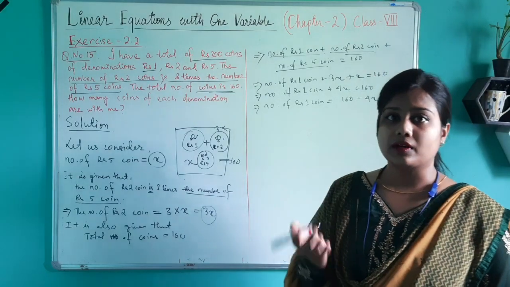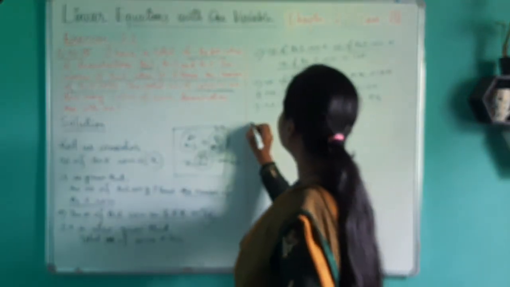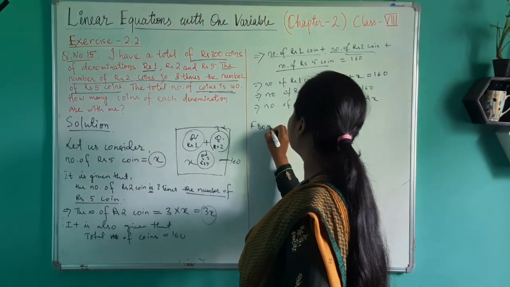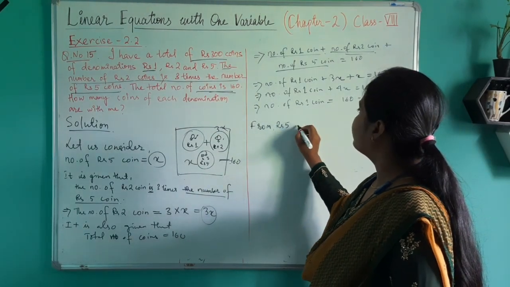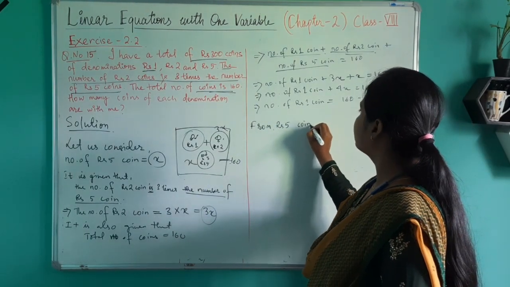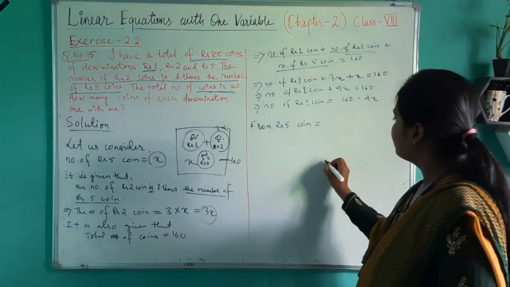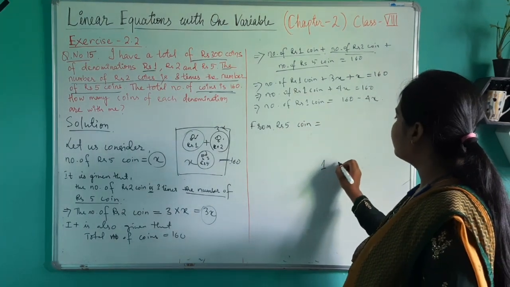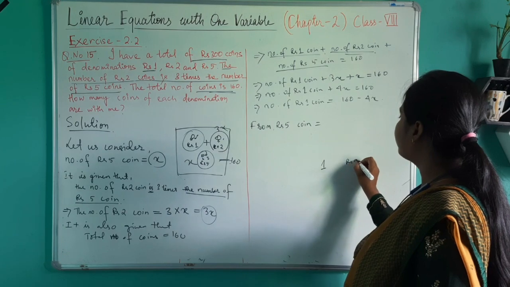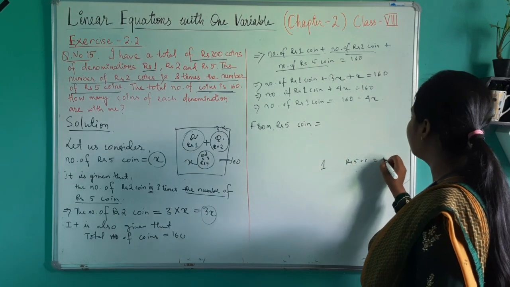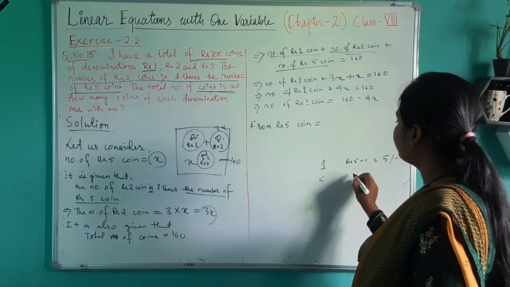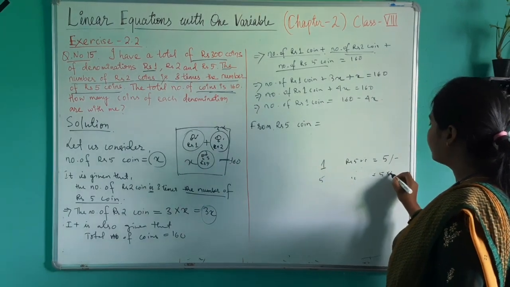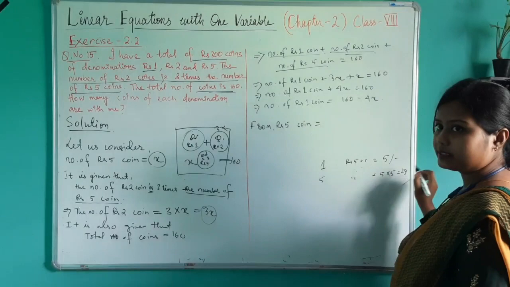So how much amount do they make? If I take one 5 rupee coin, it will make rupees 5 only. If I take 5 rupee coins, it will make 5 into 5, 25 rupees.